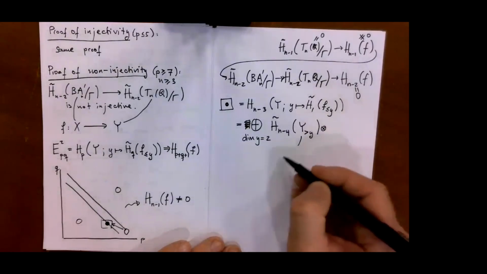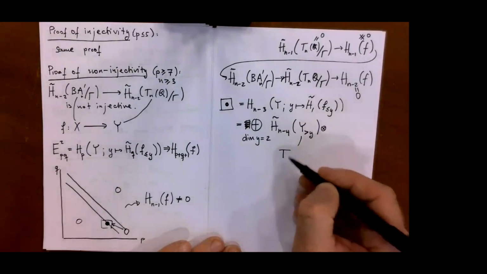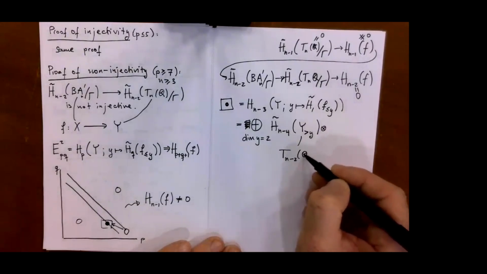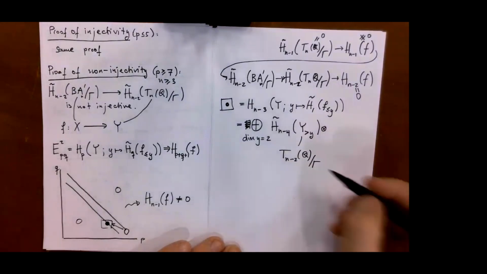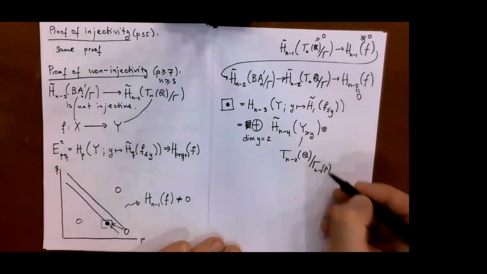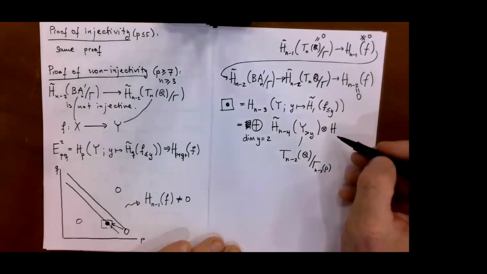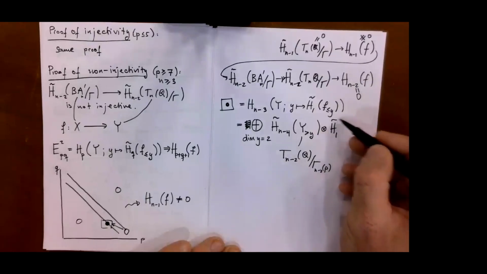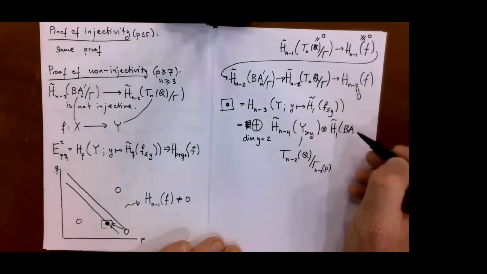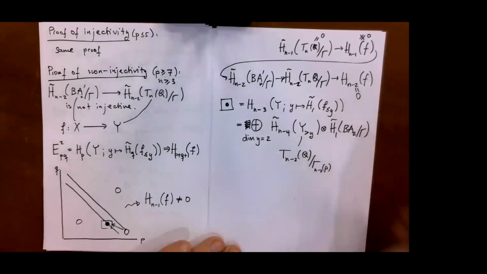Where this is just another way of saying n minus 2 of q mod gamma, n minus 2 p. And over here we have h1 of BA2 mod gamma.